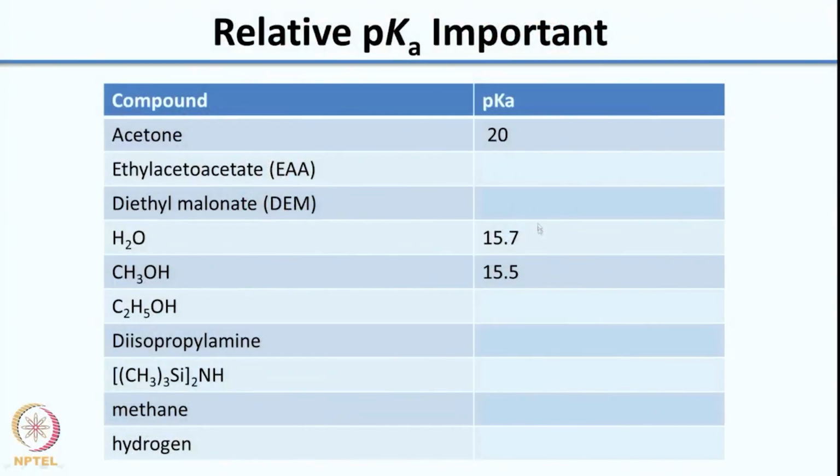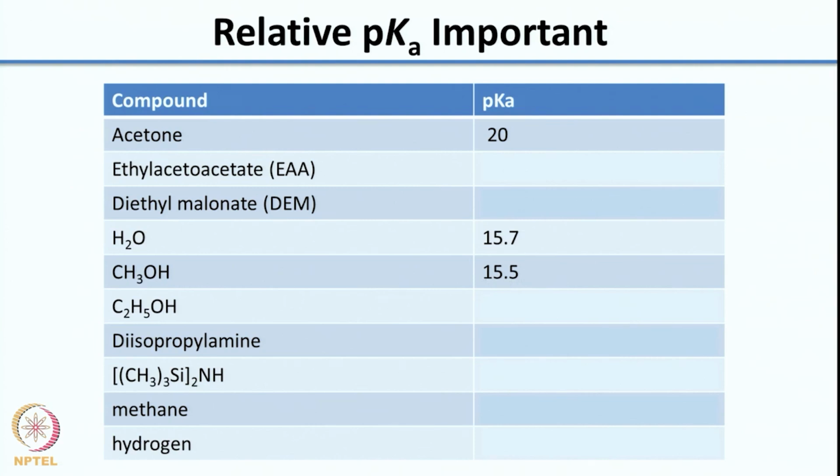So now that you have understood this, here I am comparing the pKa's of acetone, water and methanol. So what you see is acetone has a pKa of 20, whereas water and methanol both have lower pKa's of 15.7 and 15.5.